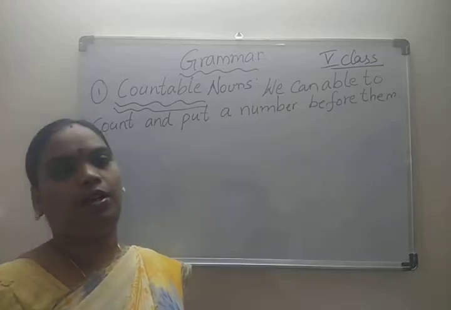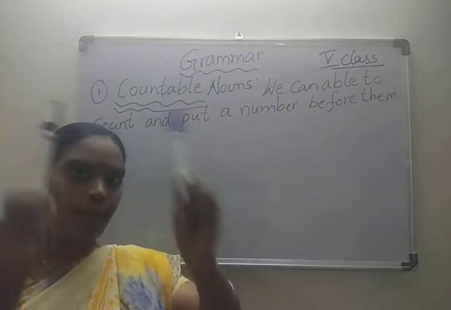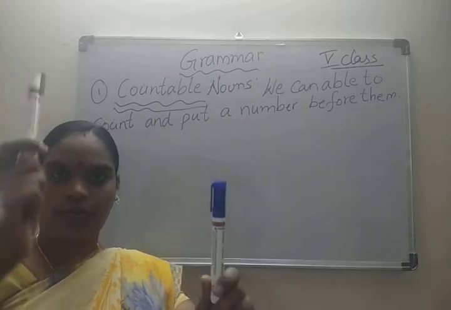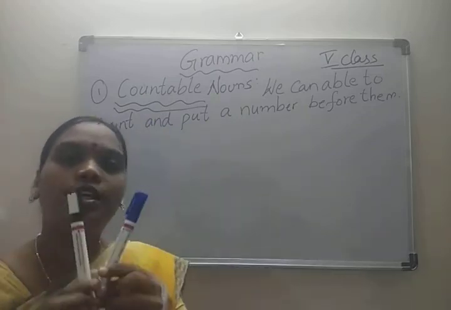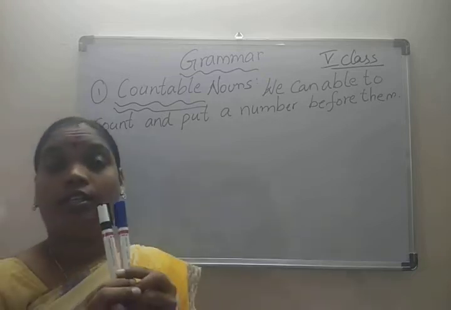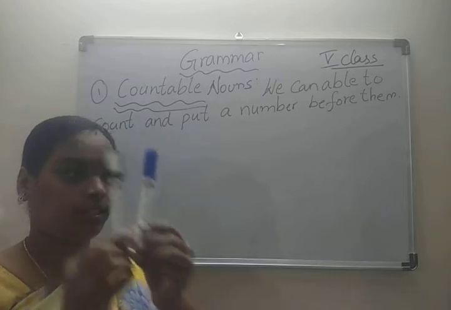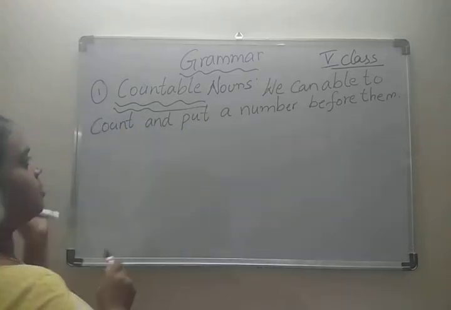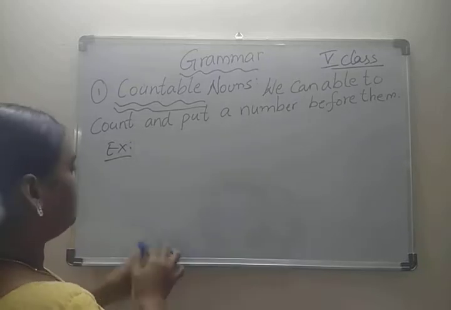For example, we are taking markers. How many markers do I have? One and two, black and blue. So these two markers I have, and we can count them. One, two. Yes or no? So, two markers. What are the examples?